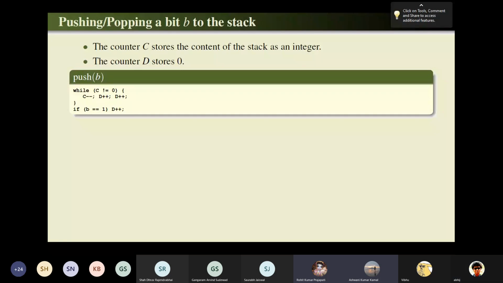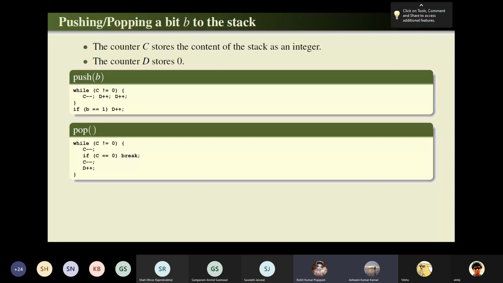And this is the pop operation. It's essentially the same thing: you decrement C twice, increment D once. That is essentially division by 2, right? So push and pop can be done.